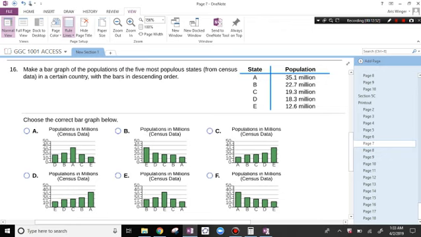Let's see which one fits. 35.5 is definitely not, I'm sorry, category A is 35.5. Make a bar graph. They want the bars in descending order, so it looks like this is the only one that's actually doing that. So from greatest to least.